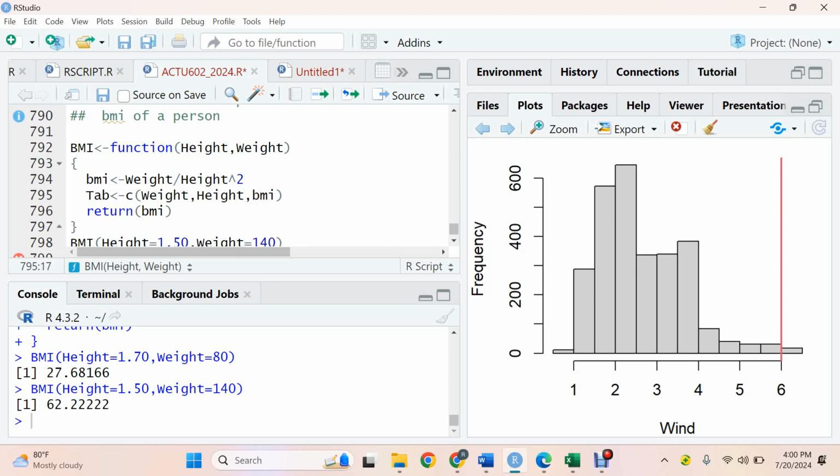So it means that I now want a vector which shows me all of these, and then I can put names on it. You have c, you have weight, height, BMI, so that when it comes out, it is no more just a single value.